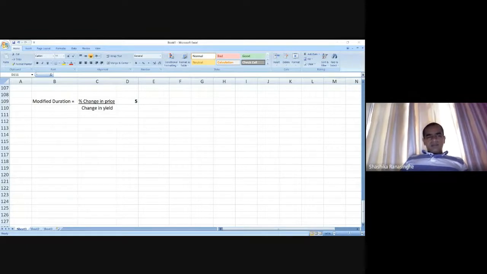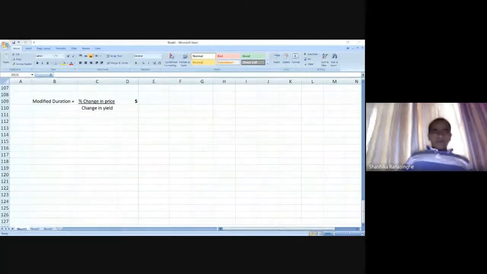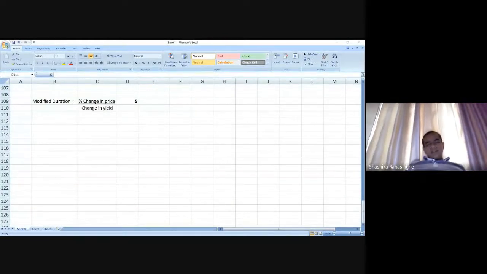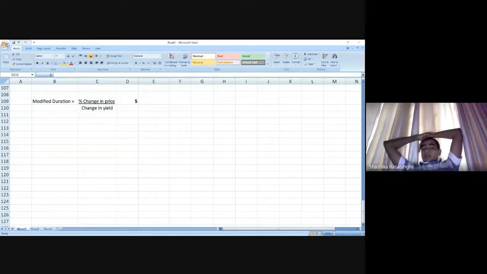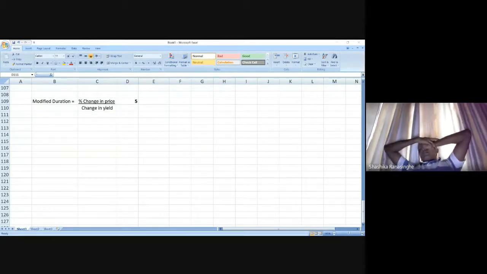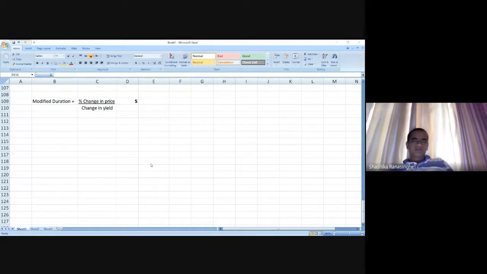Remember, according to this equation, the percentage change in price is minus duration into change in yield. So duration is equal to negative percentage change in price divided by change in yield. That's why there is a negative sign that always comes, because the relationship between price and yield is negative.